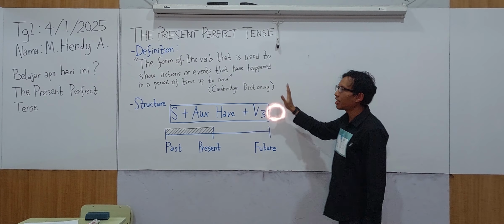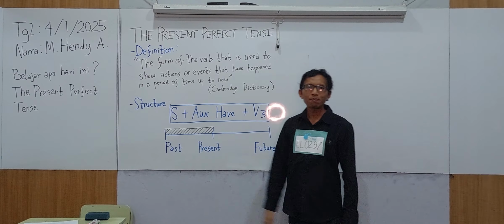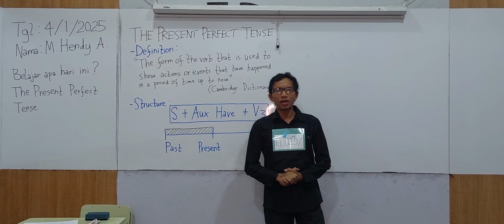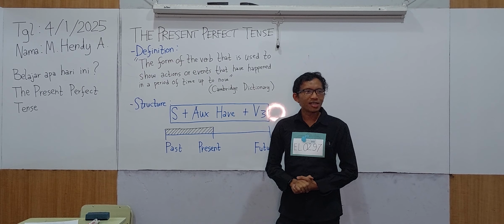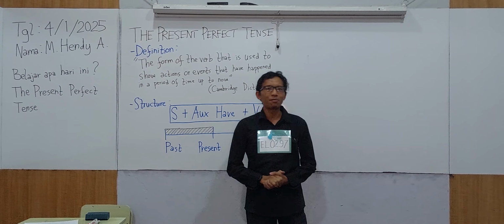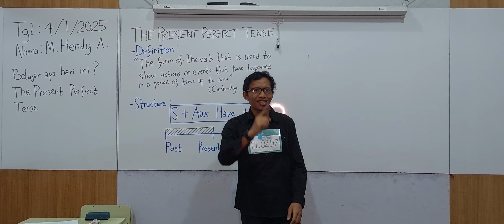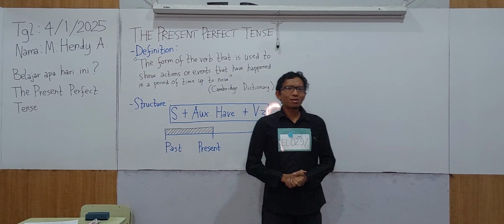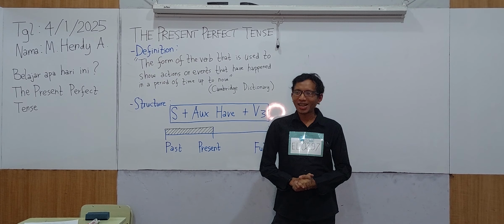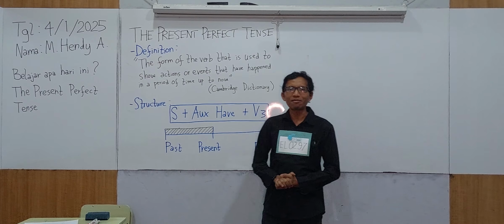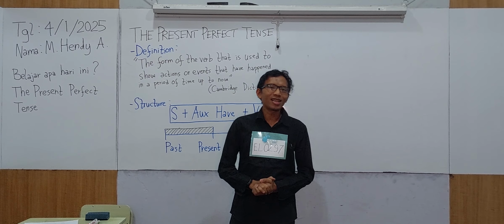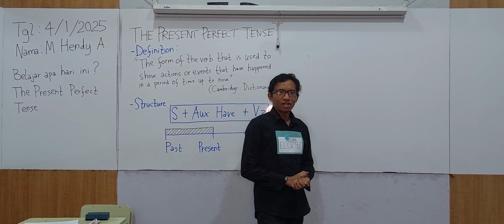According to Cambridge Dictionary, the present perfect tense is the form of the verb that is used to show actions or events that have happened in a period of time up to now. That's the definition. But why do you need this kind of tense? In what situation do you have to use it? Before answering these questions, I'll give you the structure first.